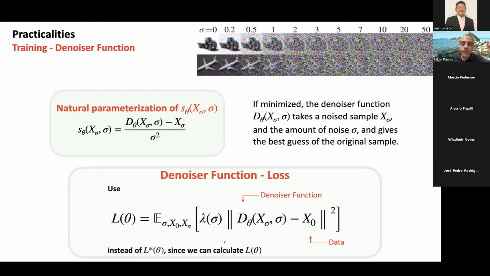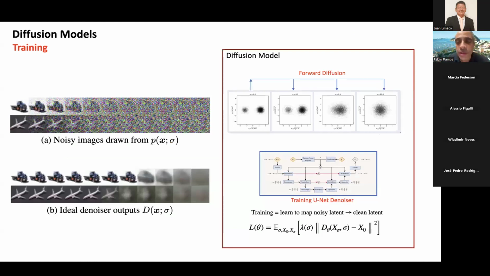So how do you train the score function? I start with my original data, like this truck, this airplane, other modes of transportation, and I add noise. I add noise to the other ones too.